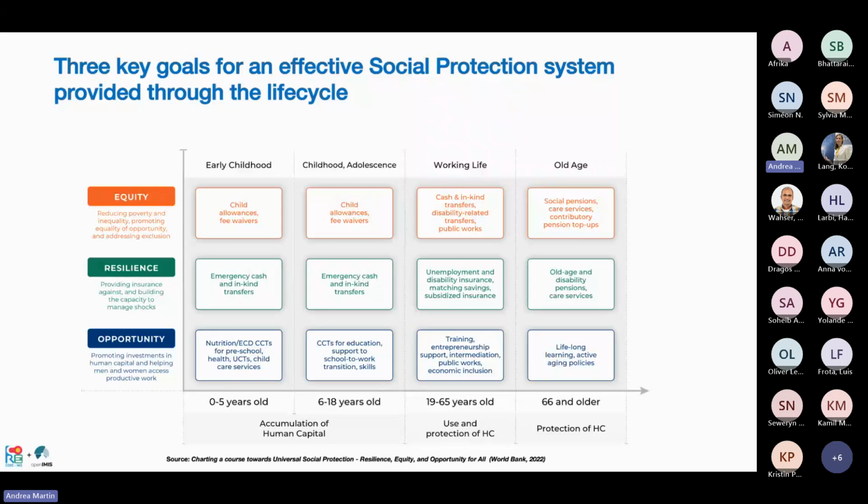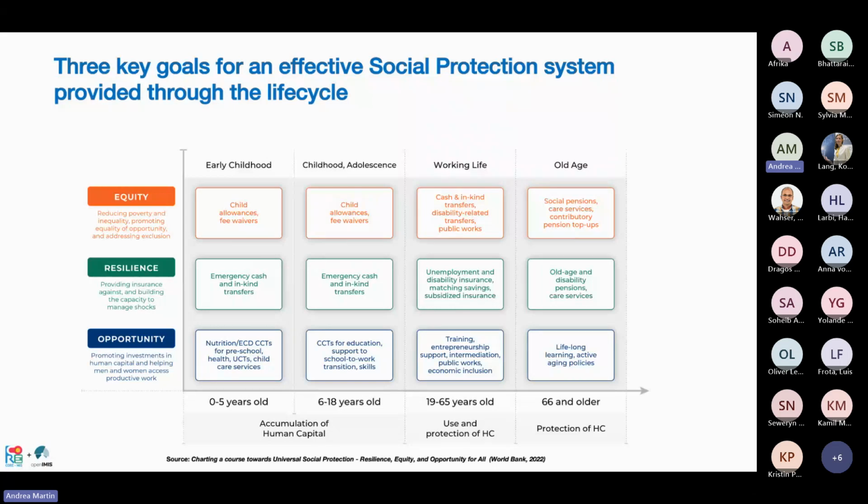For example, if there's a typhoon or if there's, let's say, the COVID-19 outbreaks and people cannot go out from home, then there can be special transfers that are provided directly to the households or the individuals to support them going through different times. There are also CCTs. CCT is an acronym that stands for conditional cash transfer, which is basically transfer of money that is conditional to meet certain requirements.